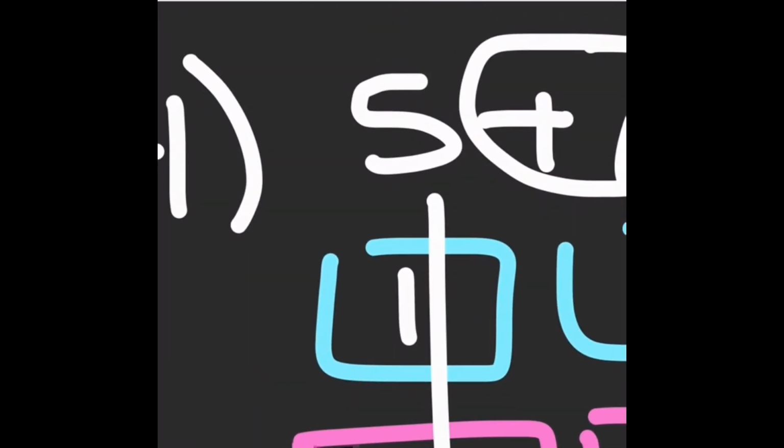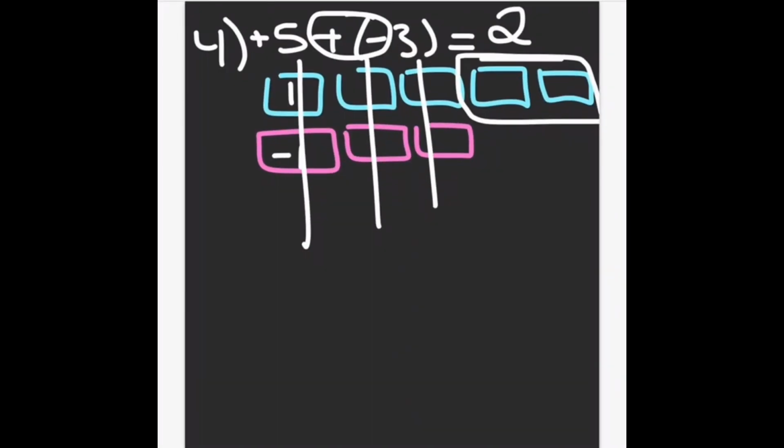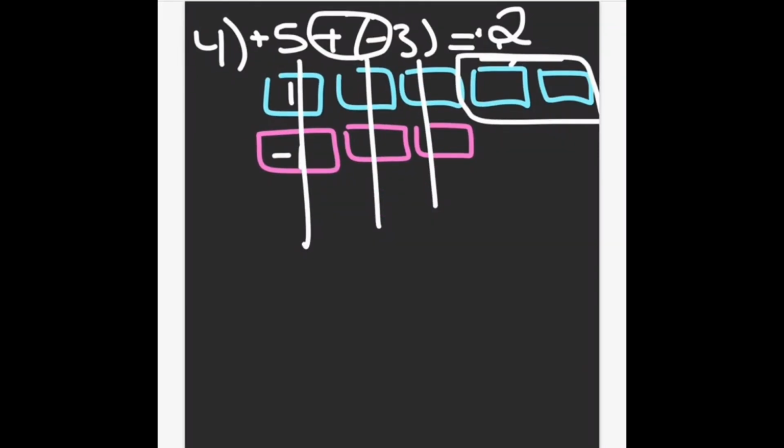Right here you don't see a sign, but if there's no negative or positive sign, just think of it as positive. So, 5 has the greater absolute value. Pretend that there's a positive sign here, taken care of. And now you just subtract 5 minus 3. That gives me 2.